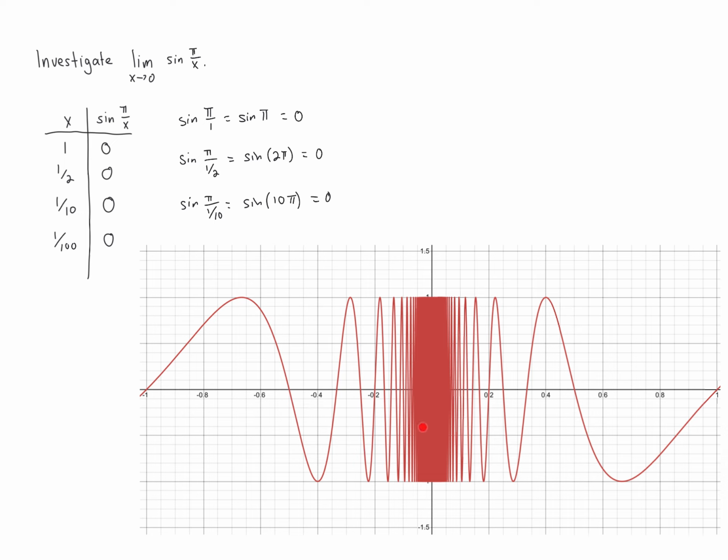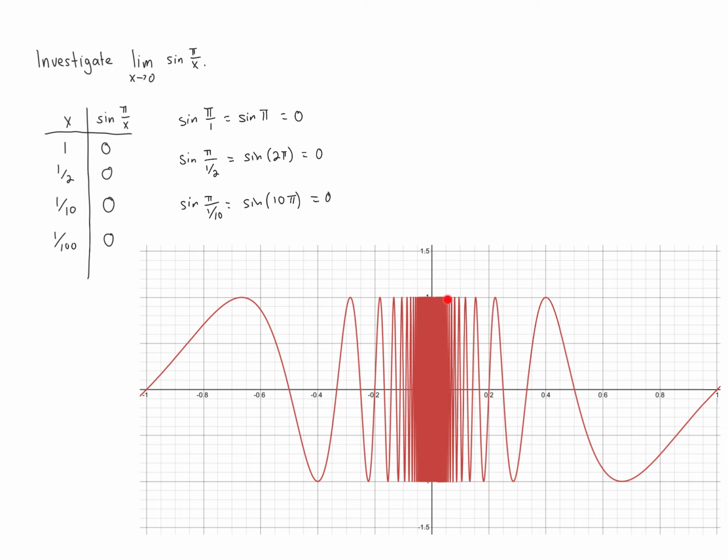And it looks like this is just a solid patch of color here, but the reason it looks like that is because it's oscillating so frequently that the width of this curve, I mean, obviously a curve has no width in real life because a point has no width, but when it's drawn on a program, on a graphing calculator, it has to have some width.